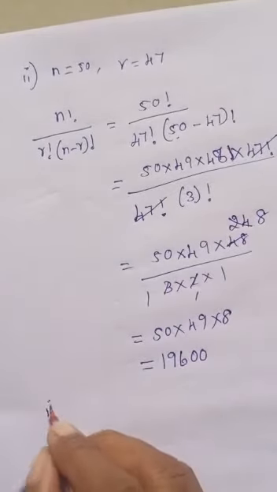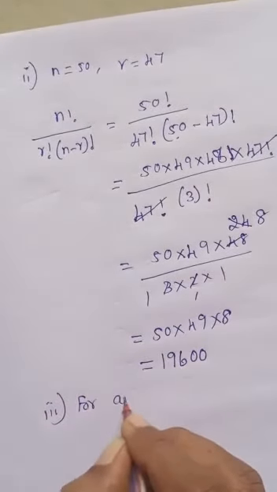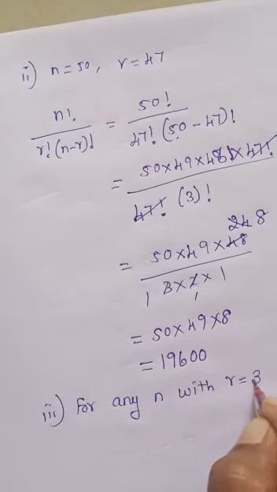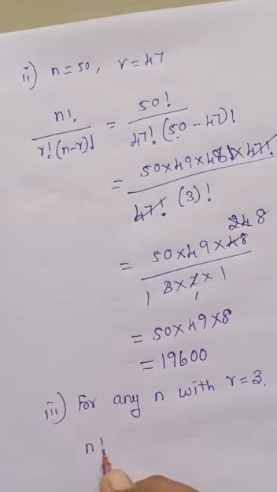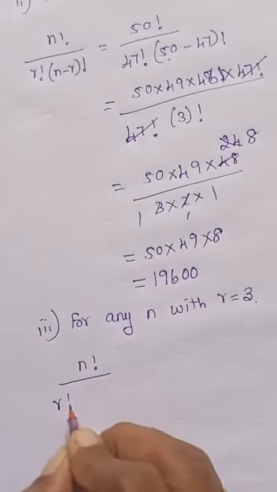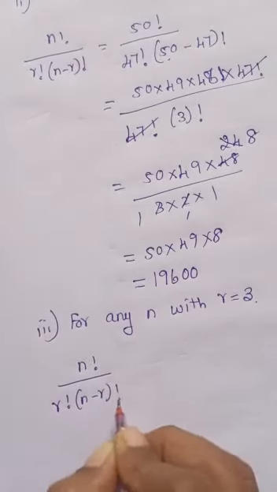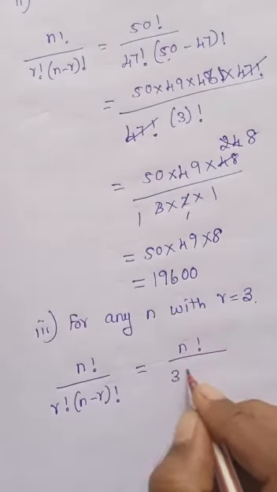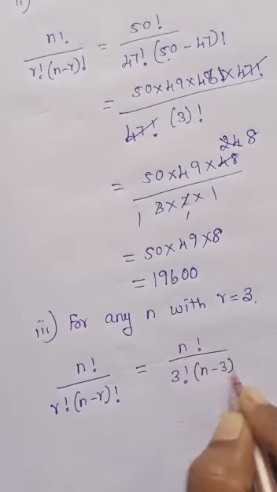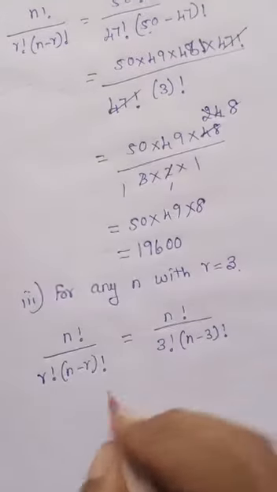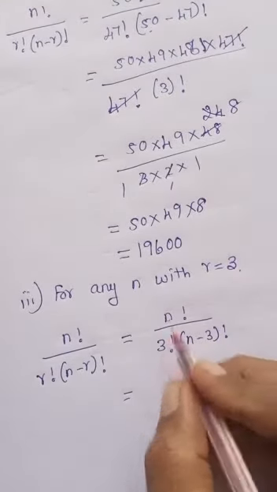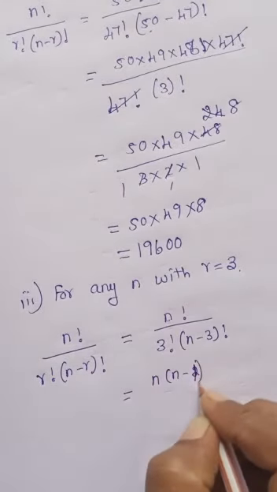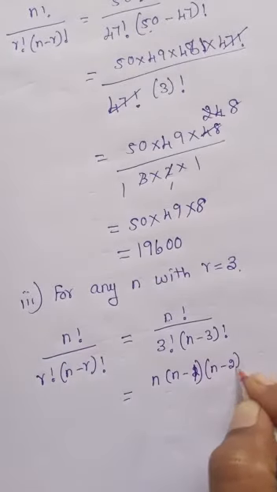Now third subdivision, actually they have asked for any n with r is equal to 3. So we are supposed to find out n factorial by r factorial into n minus r factorial. So any n, I am giving n factorial. This is 3 factorial into n minus 3 factorial. Is it not? See, this n factorial, we know n into n minus 1 into n minus 2 into, what is that?